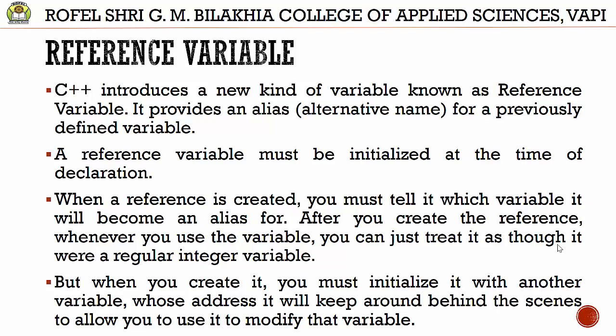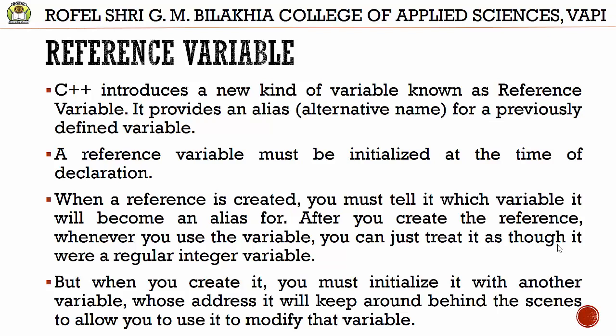After you create a reference, whenever you use that variable, you can just treat it as though it were a regular integer variable, right? We have declared an alias, but we treat it as a regular variable. But the important thing is when you create it, you must initialize it with another variable, right?